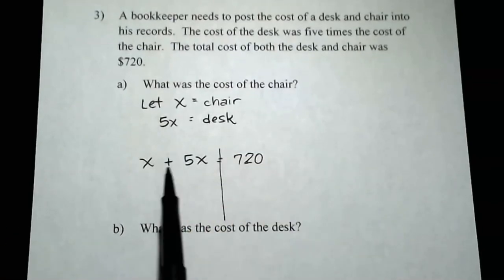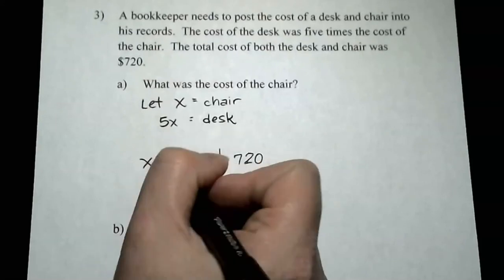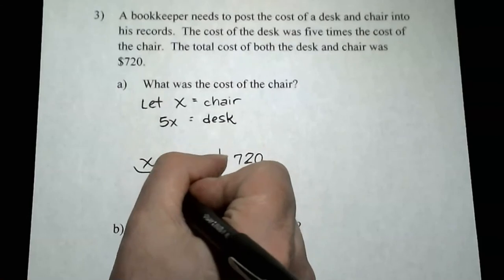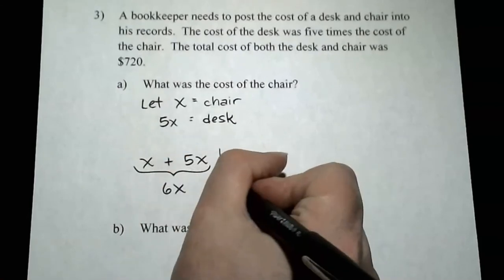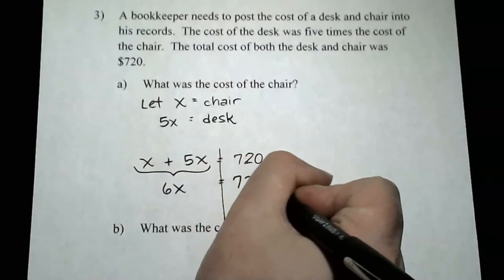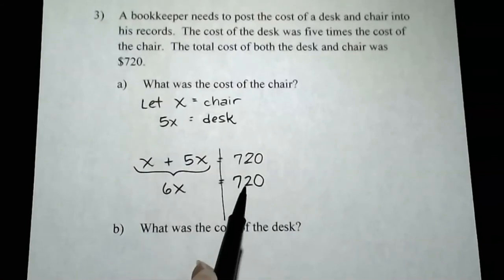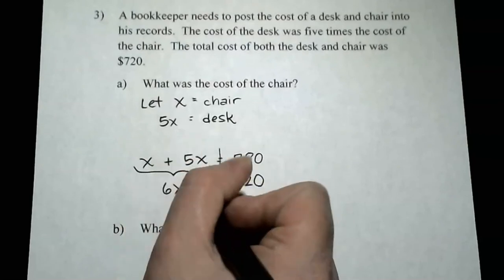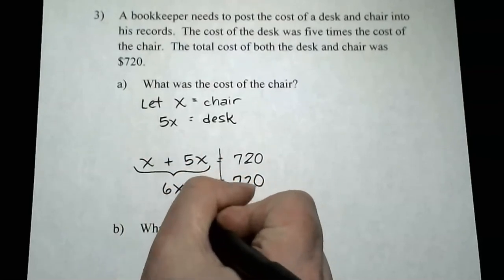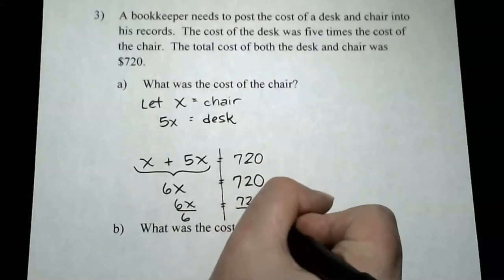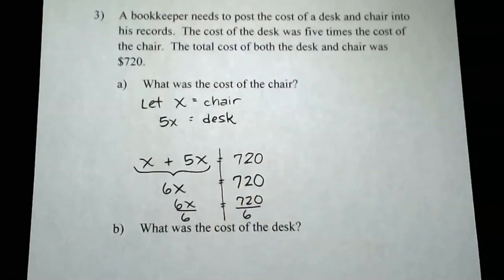So over on the left, I have like terms. I'm going to combine those together. X plus 5X is 6X. And my X's are on the left by themselves. The numbers are by themselves on the right. So I need to divide both sides by the coefficient, which is the 6.